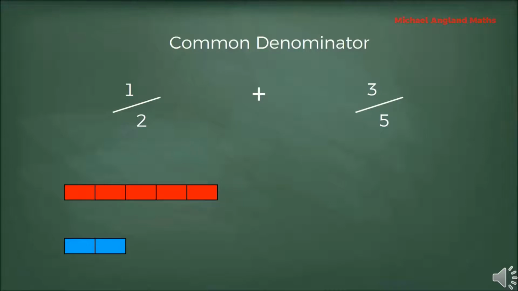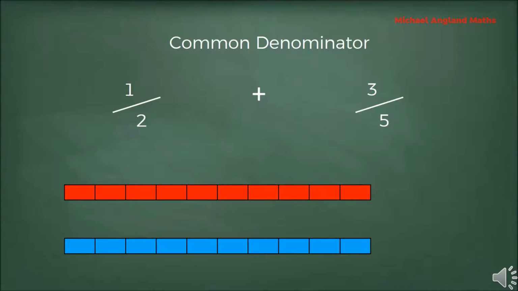If we add multiples of the numbers of blue blocks, so 2, 4, 6, 8, 10, and if we add multiples of numbers of red blocks, so 5 and 10, we find that 2 groups of the 5 red blocks and 5 groups of the 2 blue blocks give us a common multiple. This is the basis for how we find a common denominator.